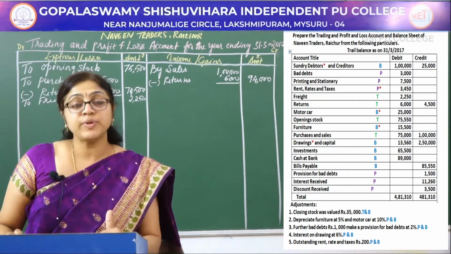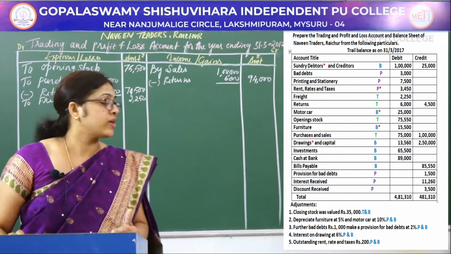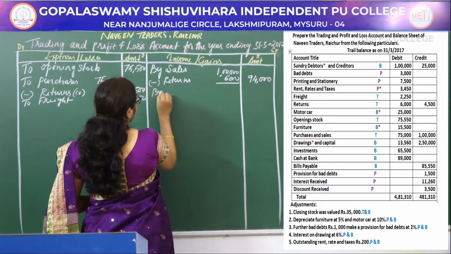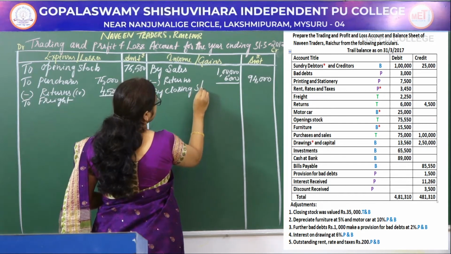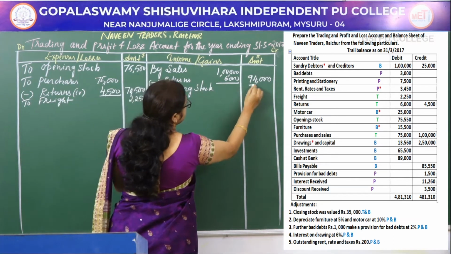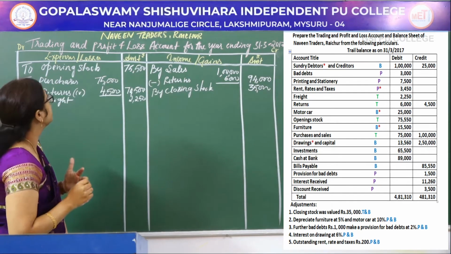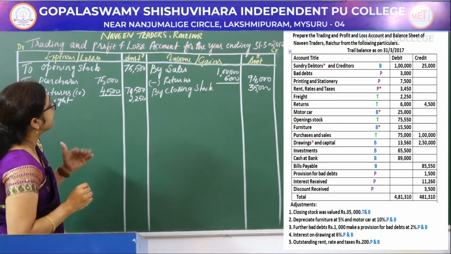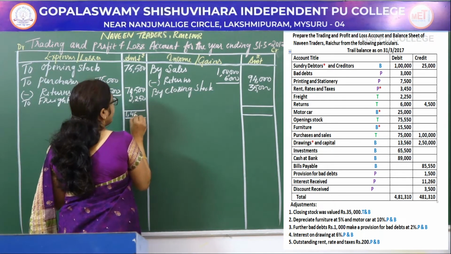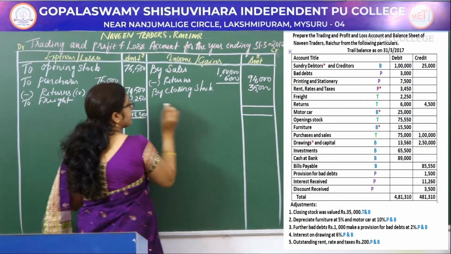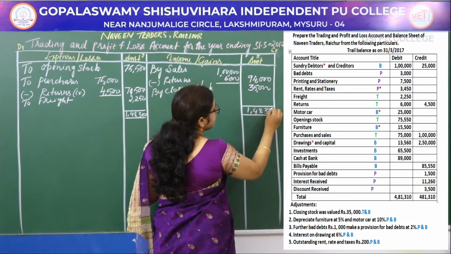Next one, first adjustment is relating to closing stock was valued at rupees 35,000. So record here by closing stock 35,000. So now add the trading account. Here debit column is amount is more, that is 1,48,300. Write the same total on the credit side, 1,48,300.